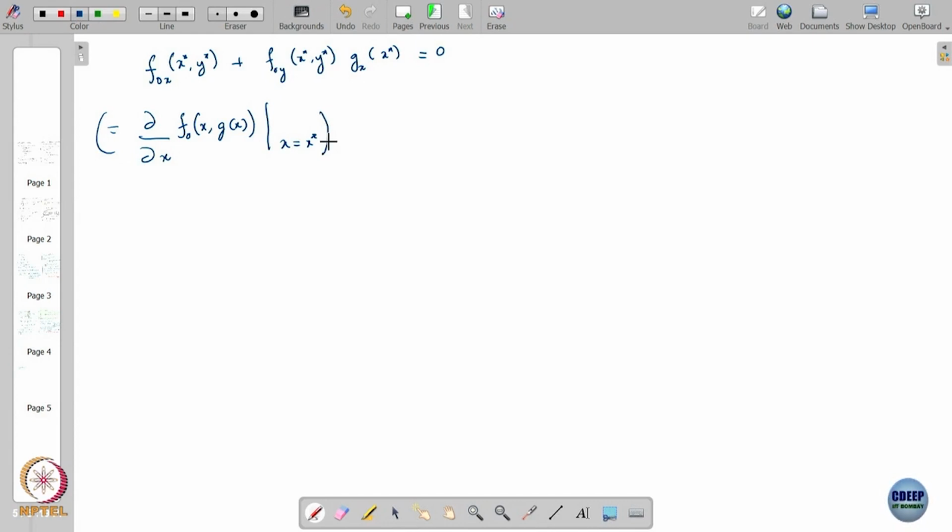Okay. Now, in addition to this, I also have that g of x returns me a point that is on the ellipse, right, in the neighborhood of x star. X comma g of x is a point on the ellipse. Which means that f1 of x comma g of x must be equal to alpha.